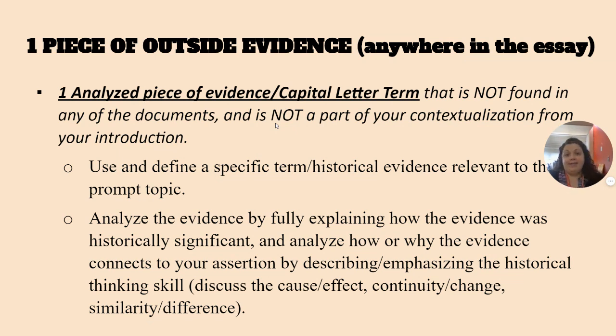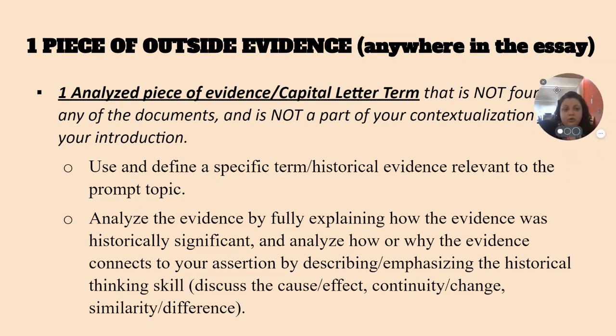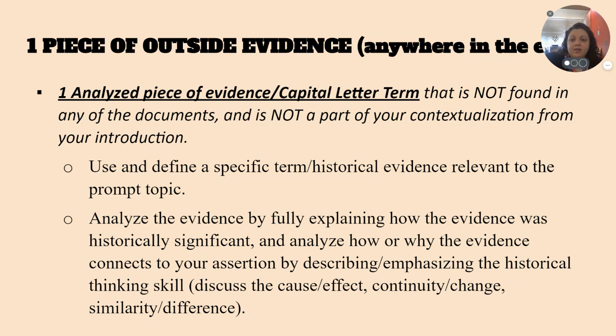So you are doing the same thing you normally do in an essay with outside evidence with CLTs. You're defining it. You have to make sure you define it. And then you have to make sure and tell me why the CLT helps your argument. Don't just pick some random term and then you can't even tell me how this is explaining your argument. You want to be strategic.